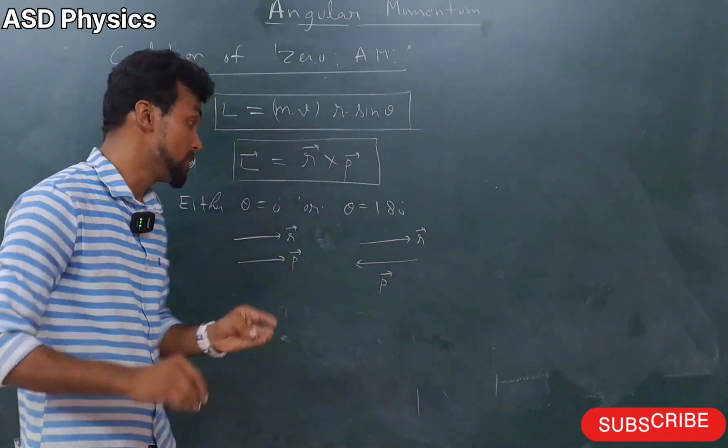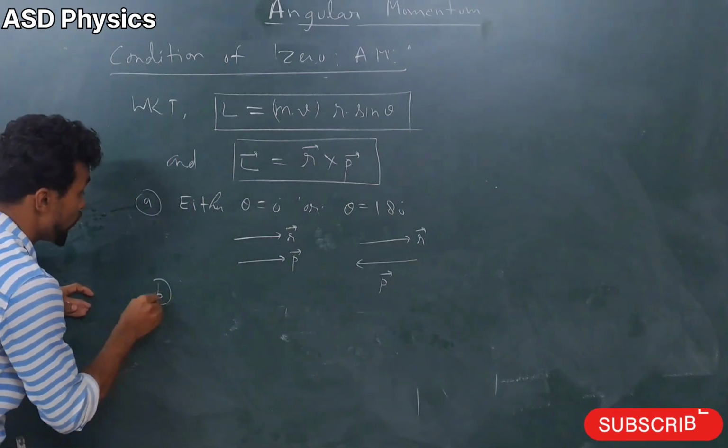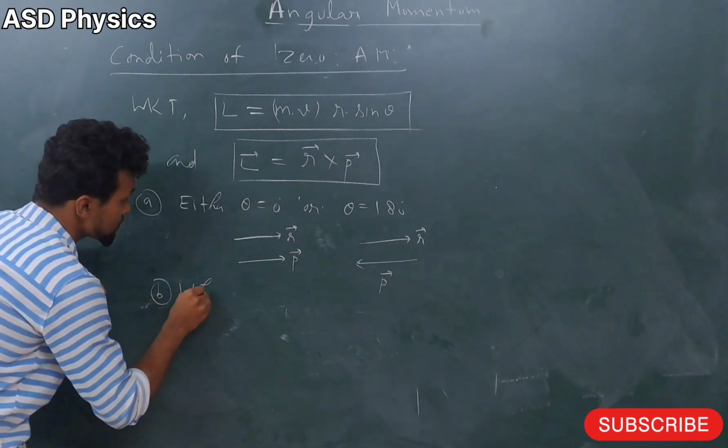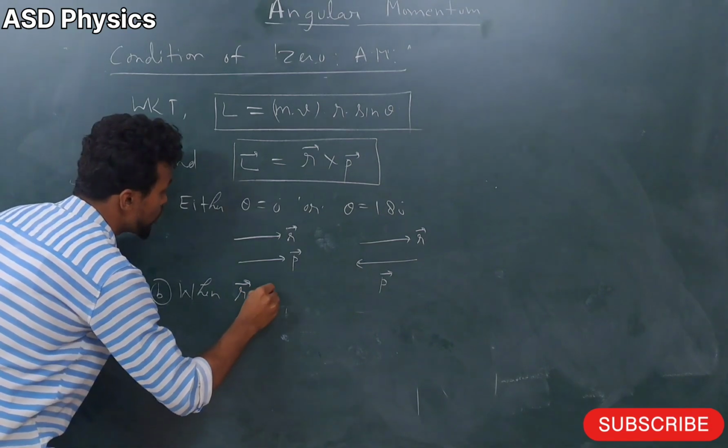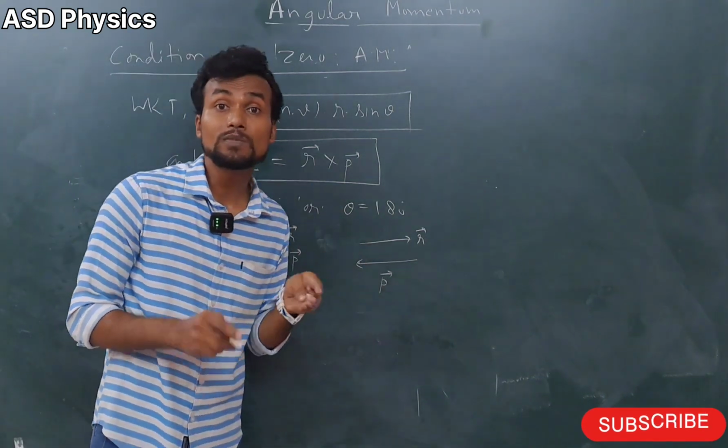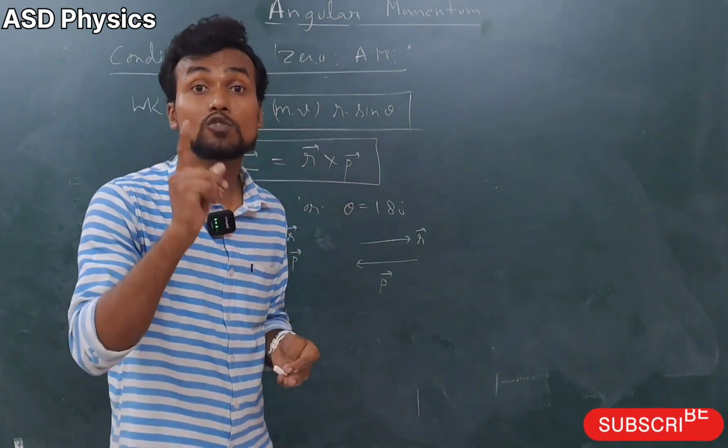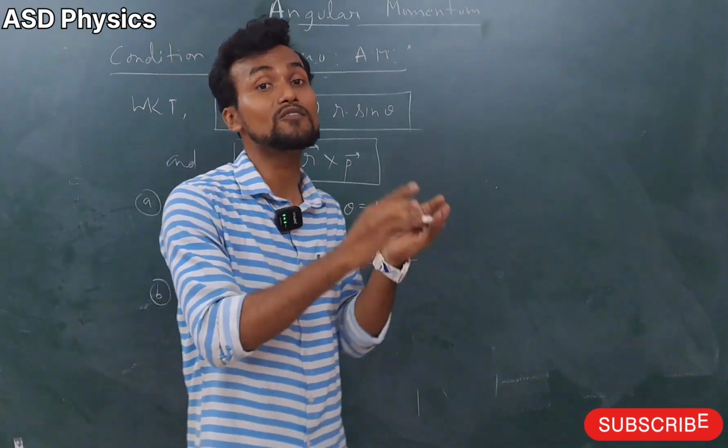This is simple, but the second rule is very important. It happens when r equal to 0. What is r? That is the perpendicular distance of the line of action of momentum from the fixed point.